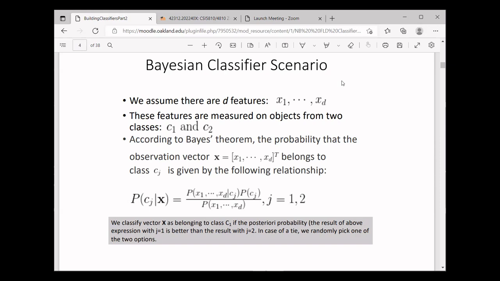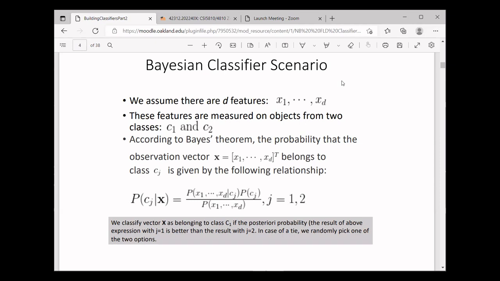All right. So if we want to make use of Bayes' theorem, then according to the Bayes' theorem, the probability that a given observation vector x belongs to class C of j is given by the Bayes formula that is shown here.